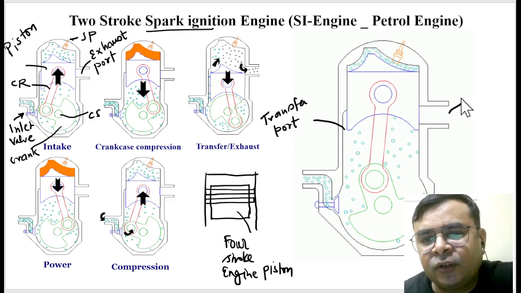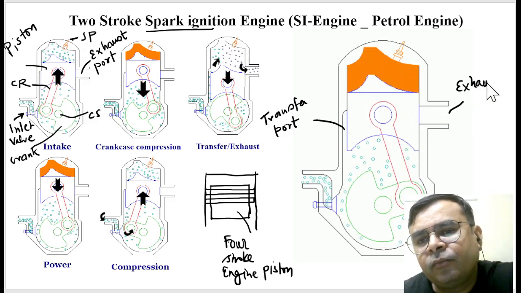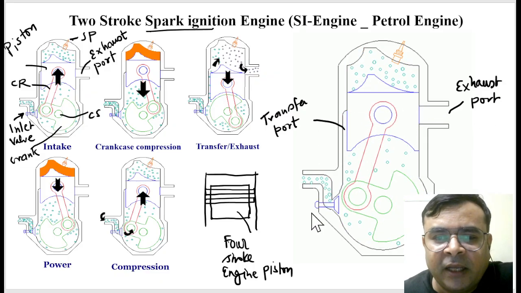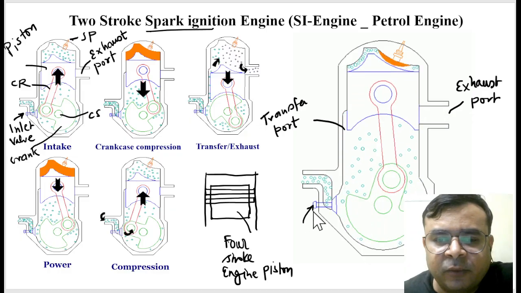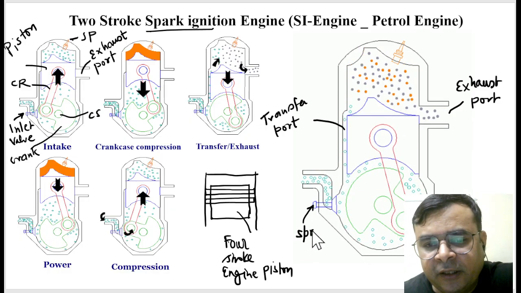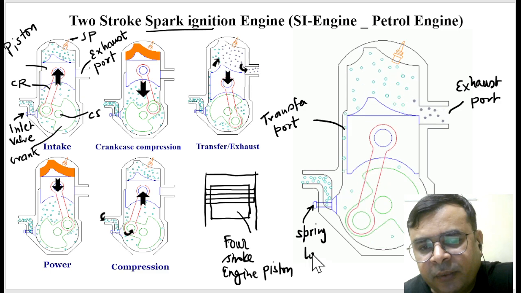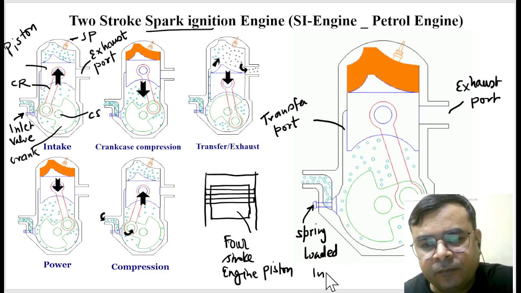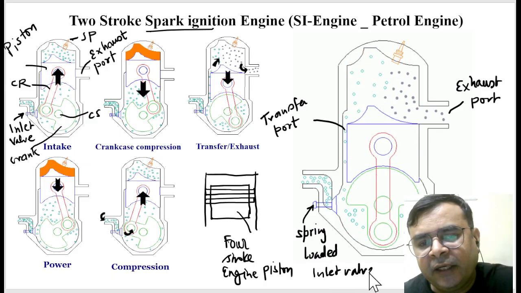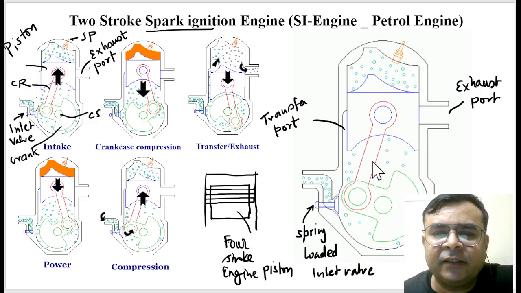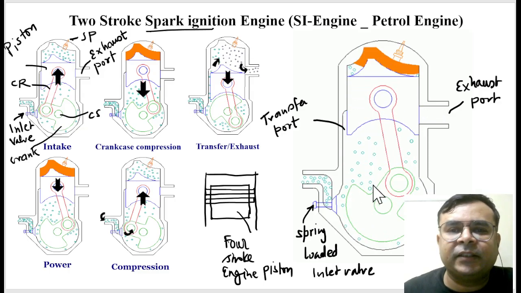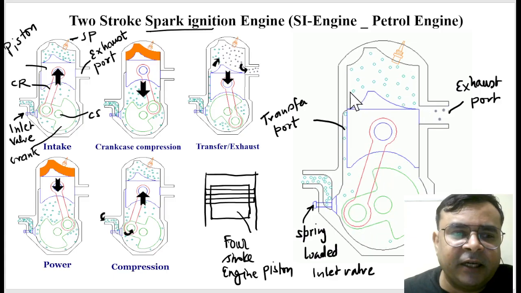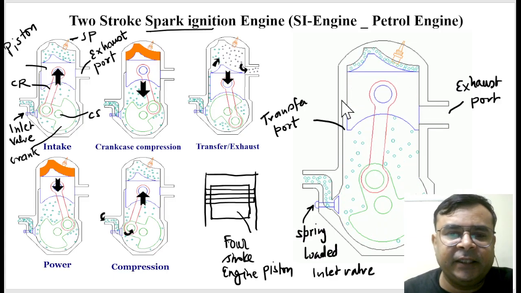So you can say this is an exhaust port, and this is the transfer port, and this is the only valve which is provided here, that is the spring loaded inlet valve. And the rest you know: the piston, the connecting rod, the crank, the crankshaft, the cylinder, etc. So I hope you understand the important parts of the IC engine.